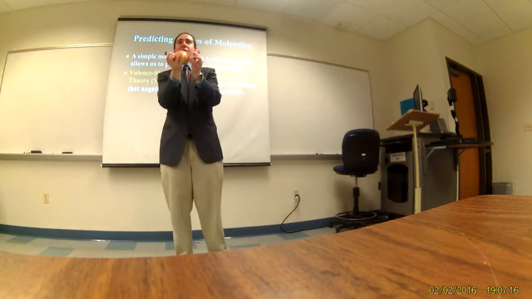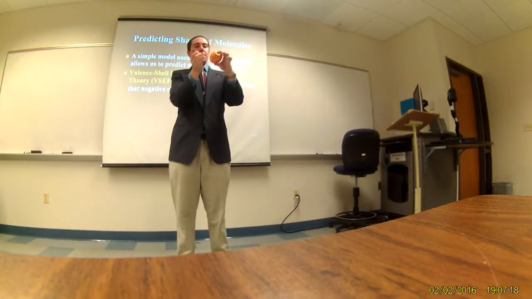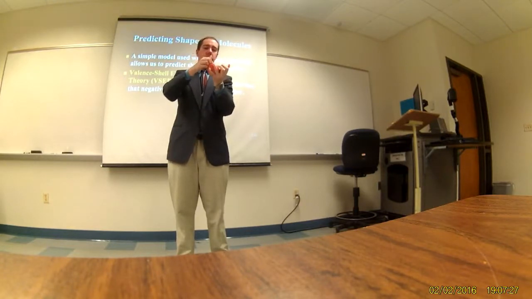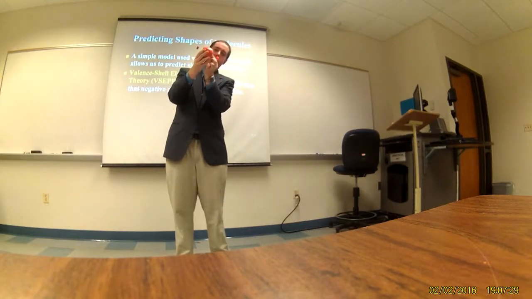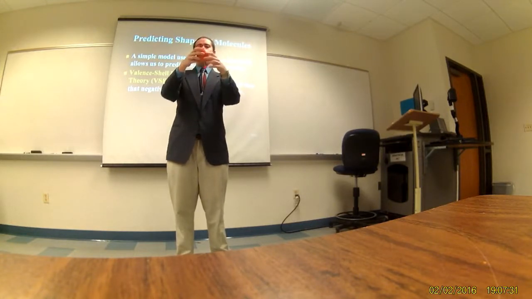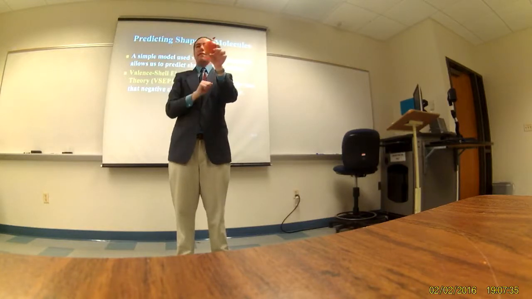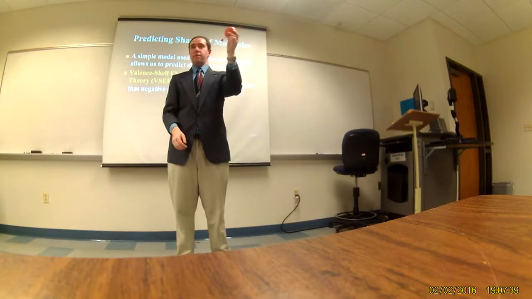You have an orange George and a red George. Where can I stick these two so that they're as far apart from each other as possible? One at the top, one at the bottom. It would have done the same thing if I put one on that side and one on this side. Two is easy. Just put them opposite each other, right?